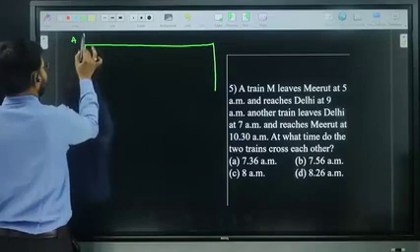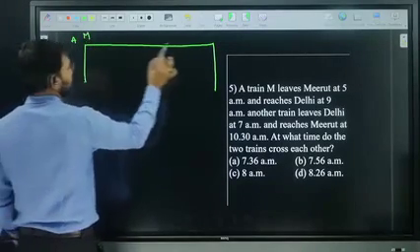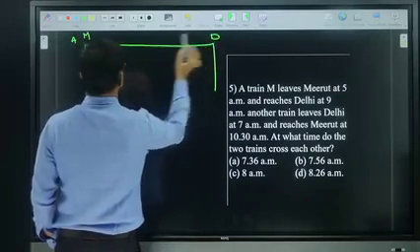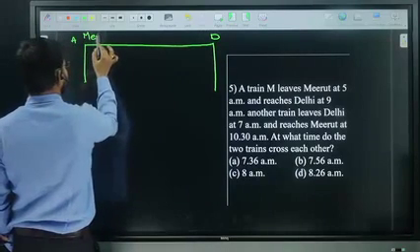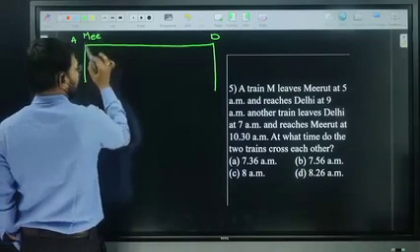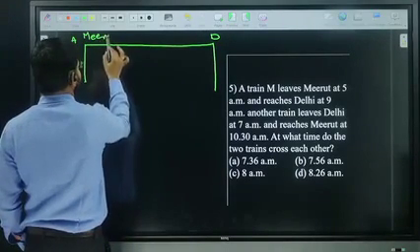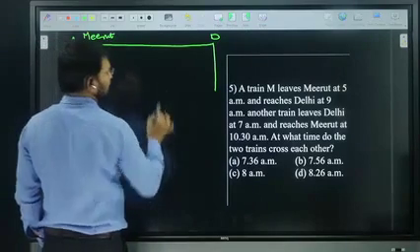So, for example, this is Meerut. This is Delhi.